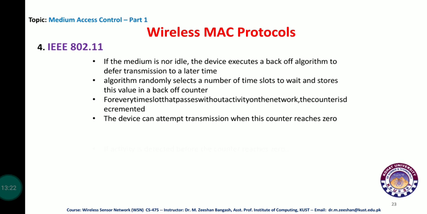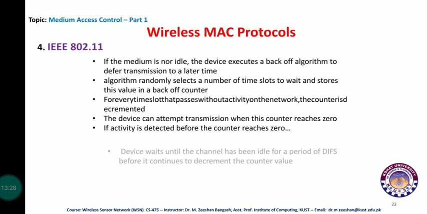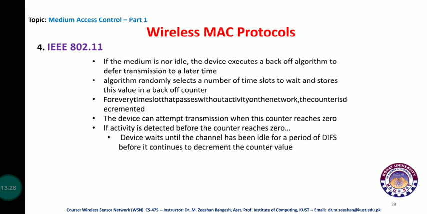When this counter reaches 0, the device can attempt transmission, and if activity is detected on the network before the counter reaches zero, the device waits until the channel becomes idle for a certain period before it continues to decrement the counter value.